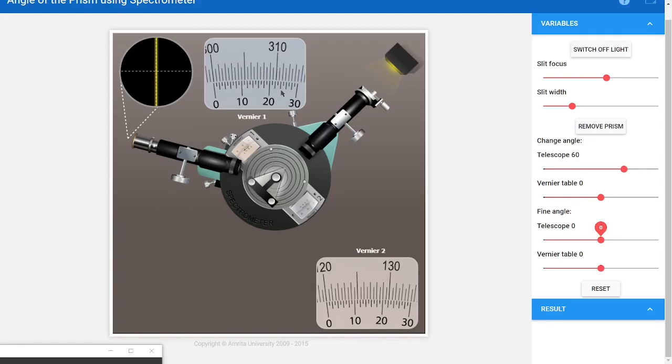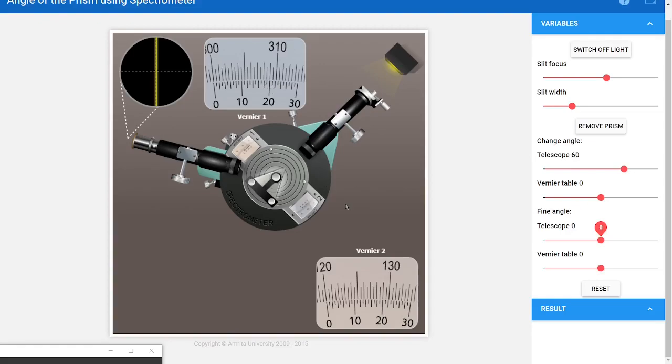So how to find the VSR, Vernier scale reading? To find the VSR, we have to look at the scale. We have to look at the graduation, where this Vernier scale mark is actually touching any of this main scale reading. So you can see in our case, this 20 is almost touching this part, so we will take only this one. So our Vernier scale reading should be this 20.